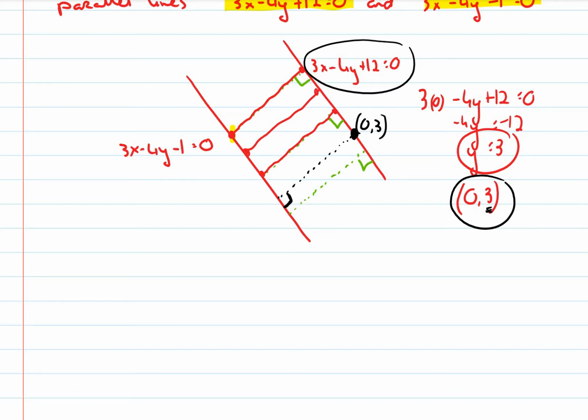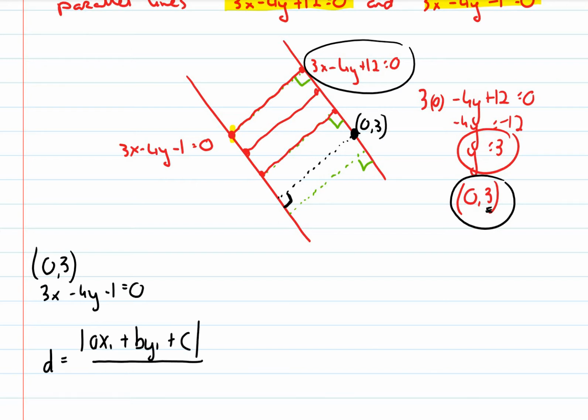So once I have my point, there it is, (0, 3). I have my line now, 3x minus 4y minus 4 equals 0. I get the distance from that point to that line using this formula. D equals the modulus of ax1 plus by1 plus c over the square root of a squared plus b squared.